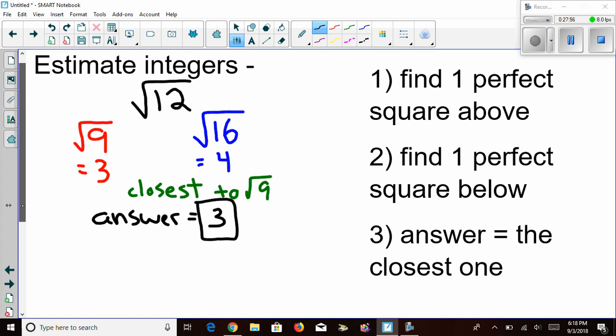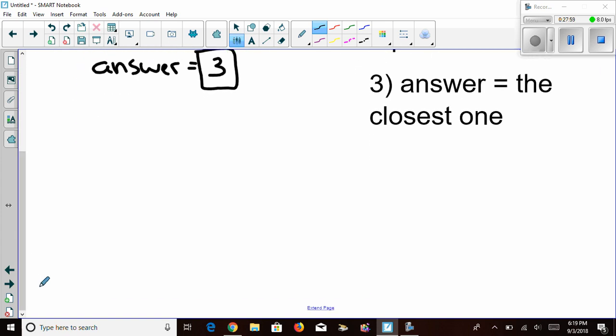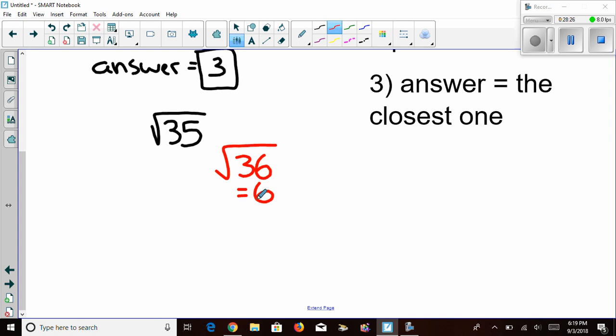One more example. Square root of 35. 35 is not a perfect square. So let's think of numbers that are perfect squares that are close to 35. Well, 36 is a perfect square, and I know how to find its square root. It's 6. Another one that's close, but it's smaller, is 25, and I know its square root is 5.